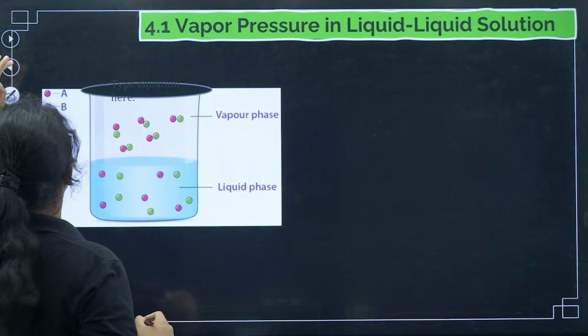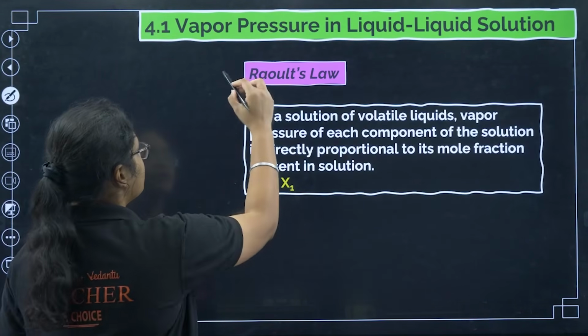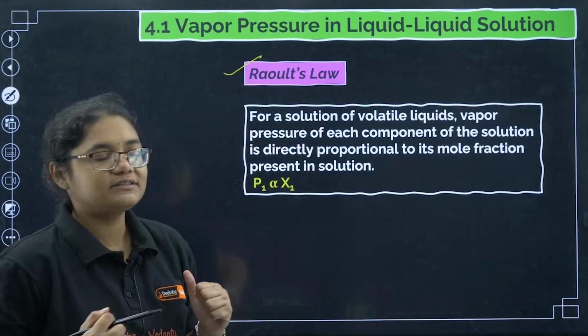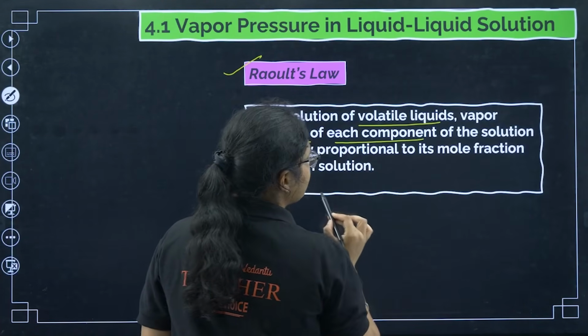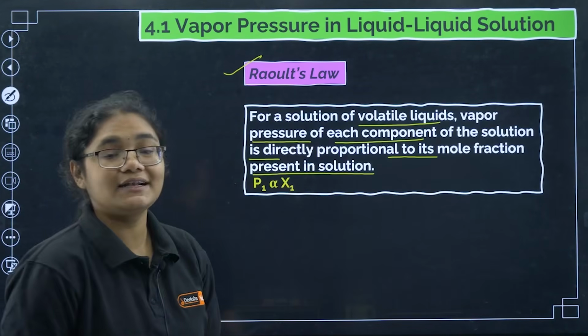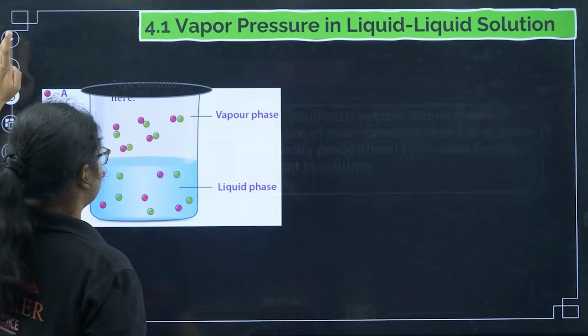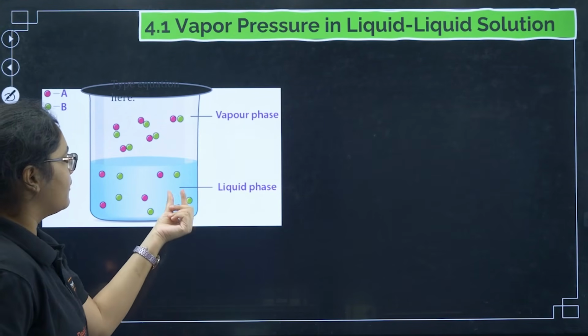Vapor pressure in liquid solution. So here comes a new law, that is Raoult's law. Raoult's law says that for a solution of volatile liquids, the vapor pressure of each component of the solution is directly proportional to its mole fraction present in the solution. For example, you have two components, one green and one pink.